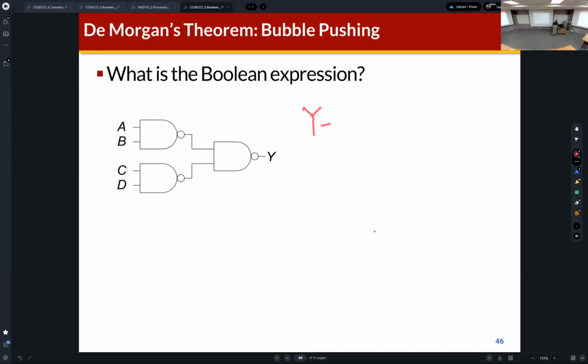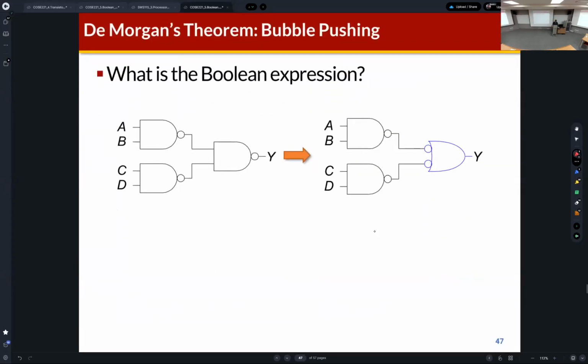For this term, this is a NAND gate, so y equals the inverse of A AND B. Also, this is another NAND gate, so it's C AND D, with the inversion bar here. This is the Boolean equation of this gate.